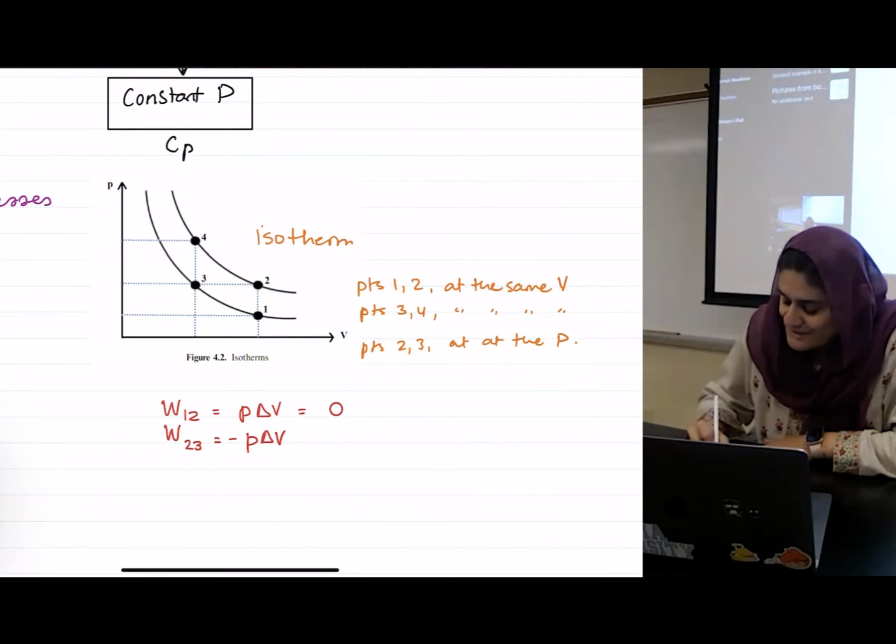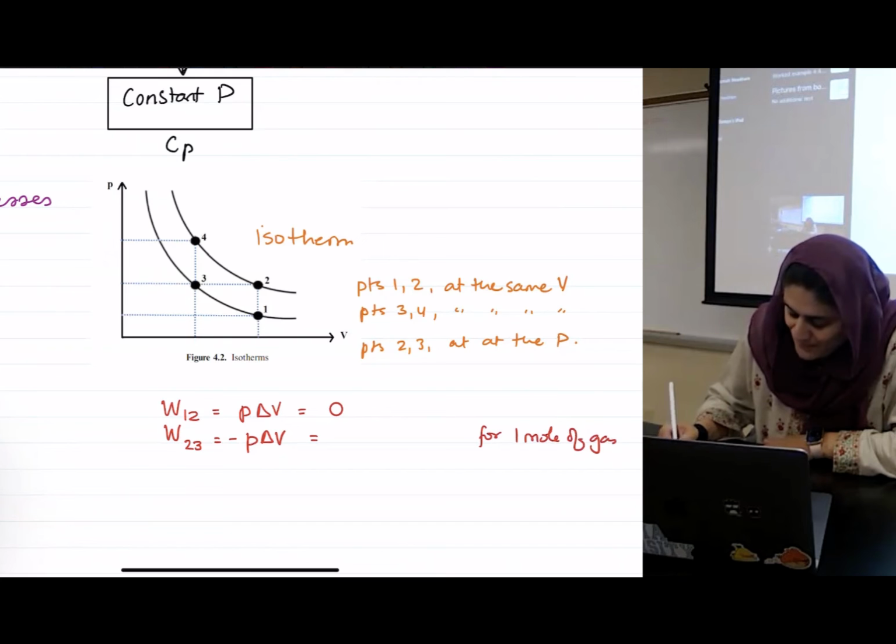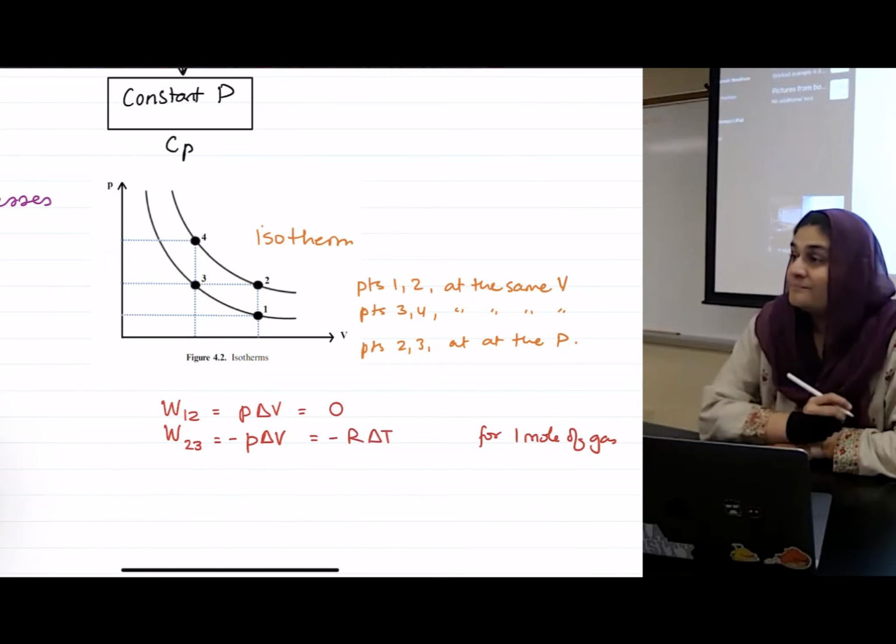And ideal gas says what? For 1 mole of gas, may I rewrite this as negative R delta T?